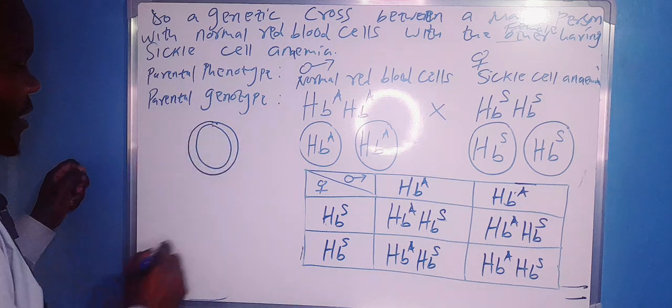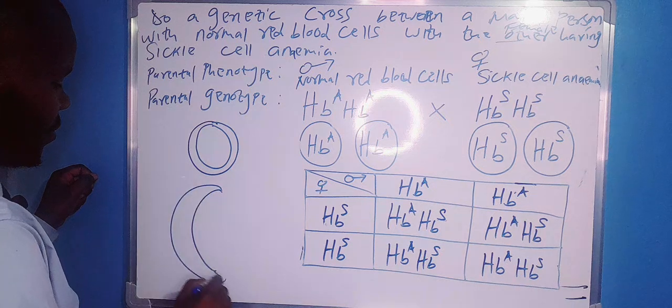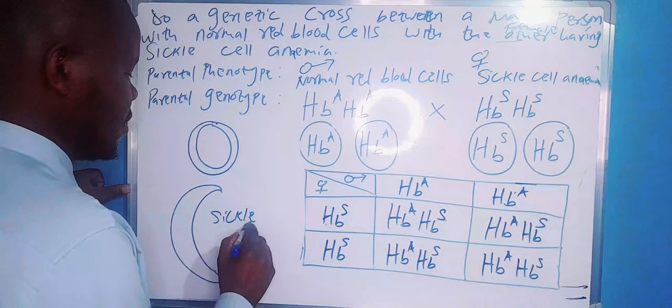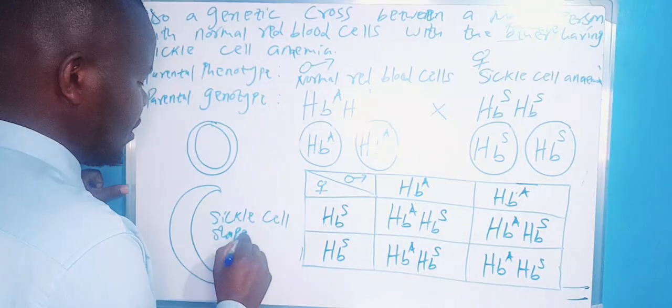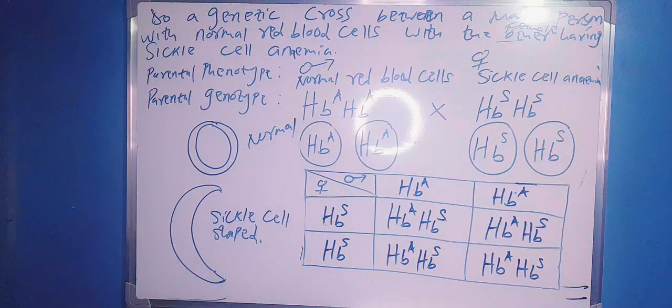That's our normal red blood cell. This other one is a crescent shape, a sickle cell shaped red blood cell. This one is a normal red blood cell. Thank you very much.